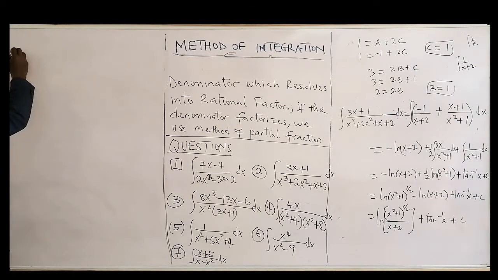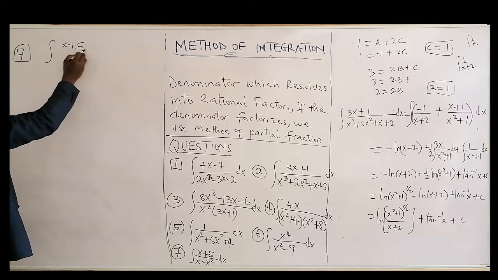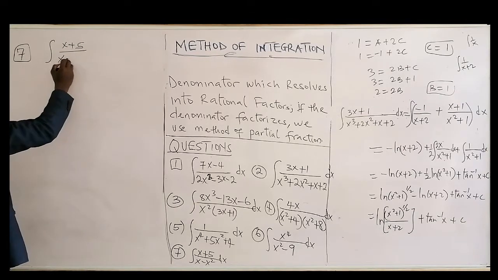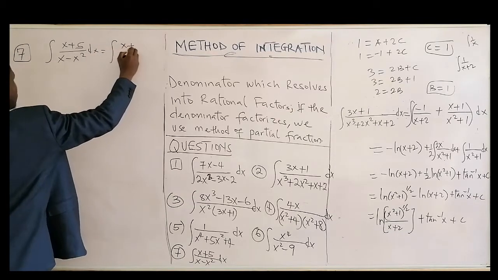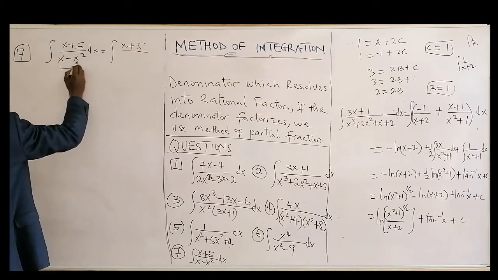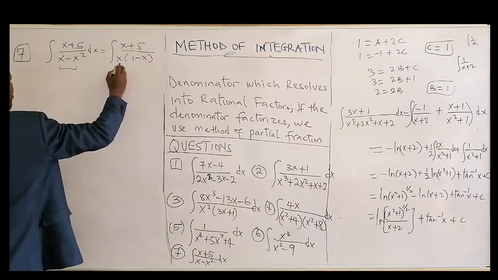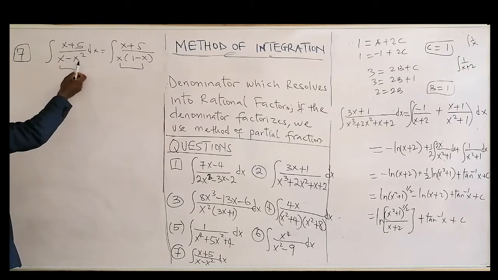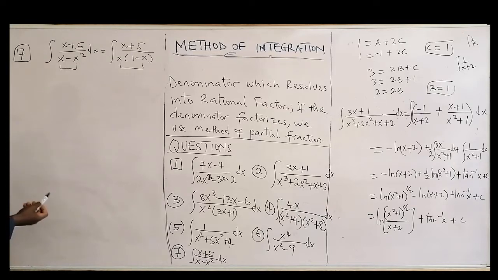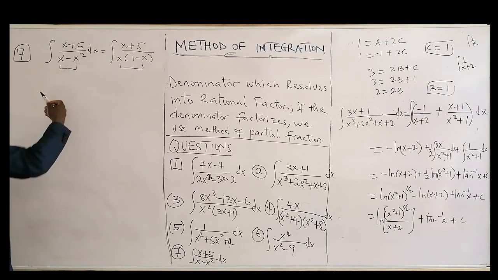Okay, question 7. Integral of (x plus 5) all over (x minus x squared) dx. So this will be equal to the integral of x plus 5. You can factorize the denominator, and that will be x into brackets 1 minus x. The denominator is of power 2, which is higher than our numerator, and we also realize that the denominator is factorizable.